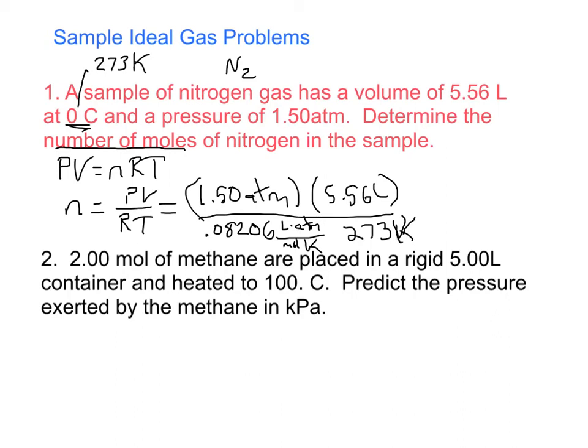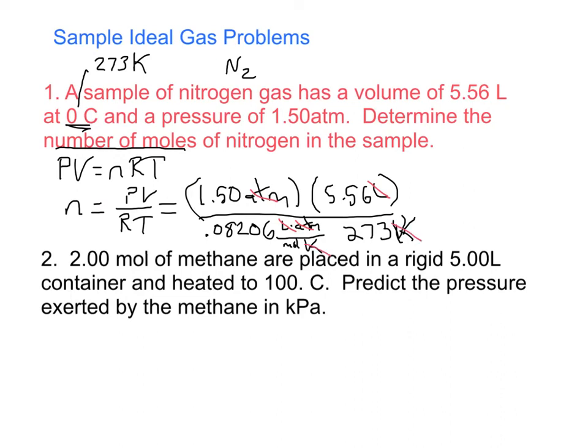So when you get this set up, and I highly encourage you to do it the way that I have, where we rearrange the equation first, then put in the variables, so you don't have to write those numbers and their units multiple times as you're solving it. Then check the units to see if they cancel. Atmospheres cancels itself out. Liters up there, liters in the constant cancels out. Then we have Kelvin over here and Kelvin on the bottom there.